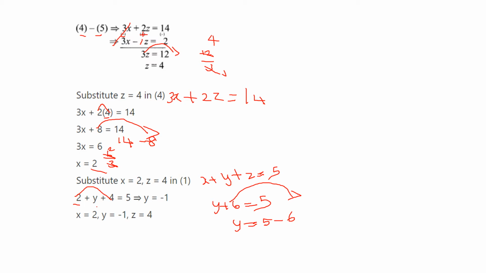First subtract the numbers, 6 minus 5, 1. The greater number has the minus sign. So minus 1. Therefore y equal to minus 1. Therefore x equal to 2, y equal to minus 1, z equal to 4. So our solution set is 2 comma minus 1 comma 4.